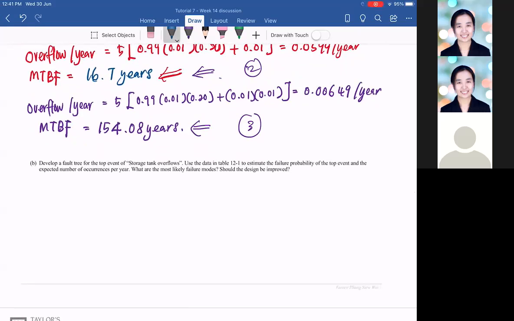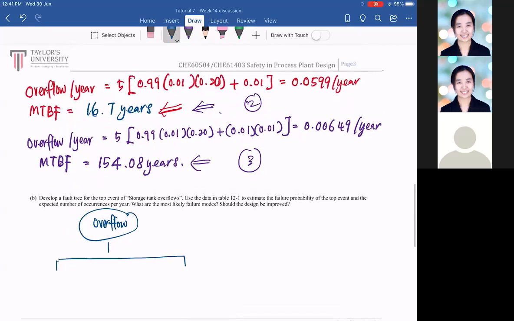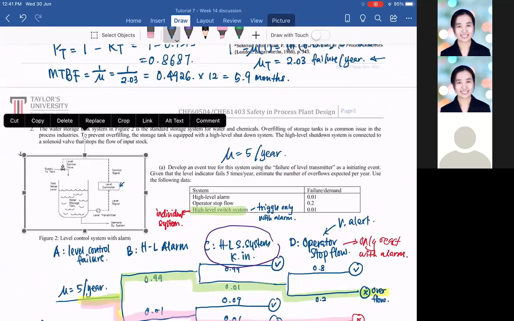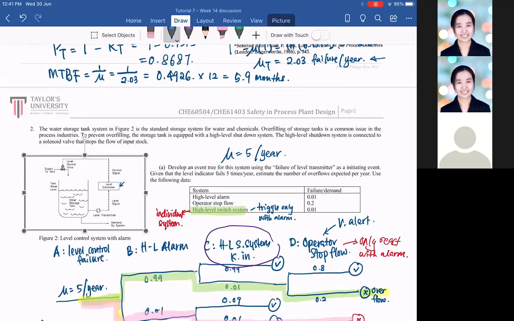So we have the top event called overflow. I'm going to cut down all the gates and all that. So overflow happens like what? Let's look at this system. Overflow happens when the level controller fails, and also at the same time the control valve fails, or if the level transmitter fails.